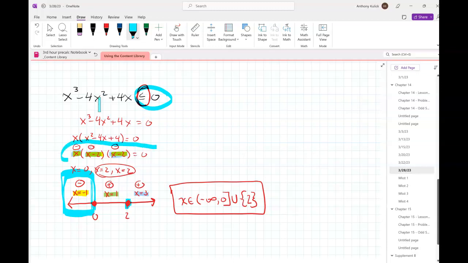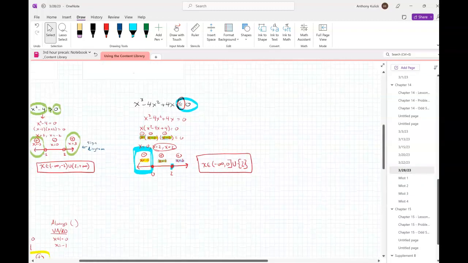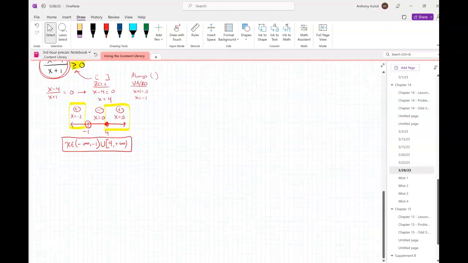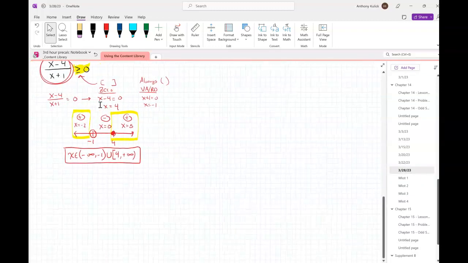That was a solution. 2 is one of the solutions that are equal to 0. So I also need to include that single number 2 because it's not part of the interval that I wrote, but it still satisfies the inequality. And again, those are like the tricky ones to come up with, right? It's easy to forget those.